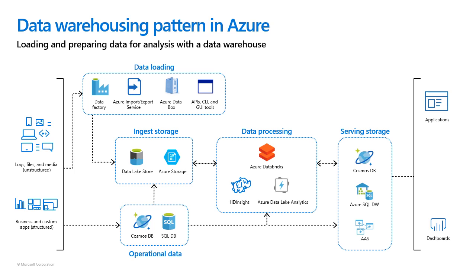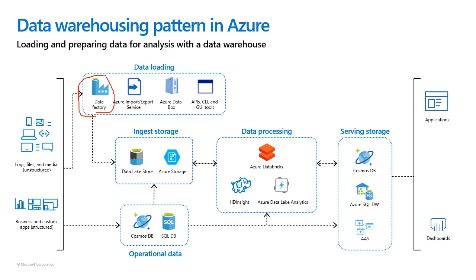Don't want to delve into this too much because we will have a special dedicated webinar session just on analytics and big data and data warehousing on Azure. So to load the data, you can use the Azure Data Factory and get data from multiple sources, whether it's log files, media, unstructured, business and custom data, or whatever.